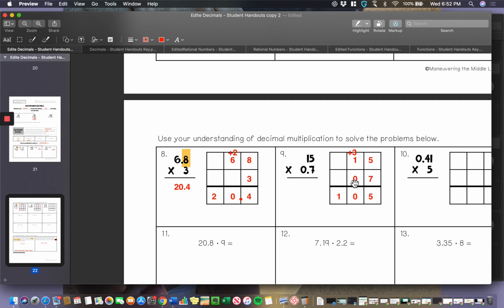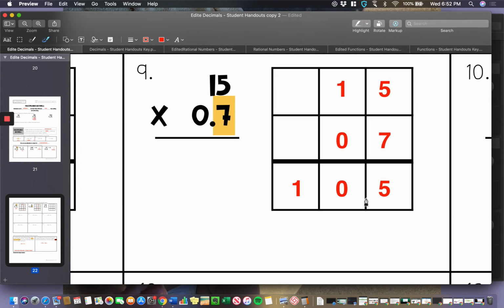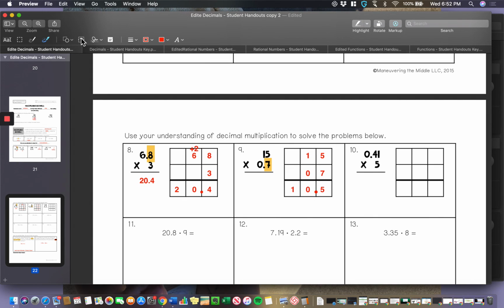Now I think they tried to confuse you here, because if I were going to multiply the 0, I would hold its place, but 0 times 5 is 0, and 0 times 1 is 0, so the whole value is 0, so I don't have to worry about anything. And this problem only has one decimal place, so that means my solution will also only have one decimal place. And you could do that right there, or you can rewrite the answer underneath the problem.